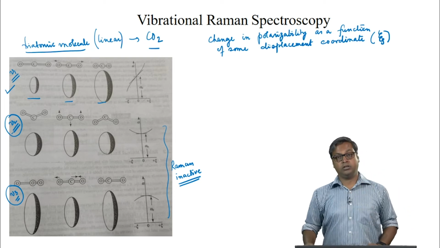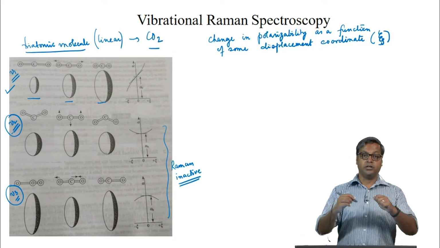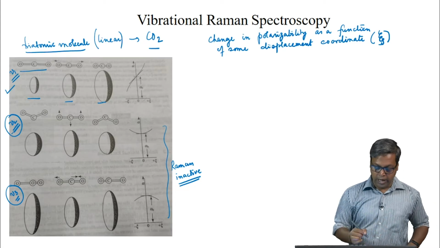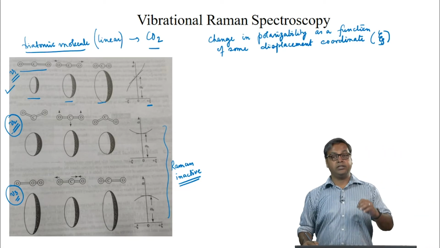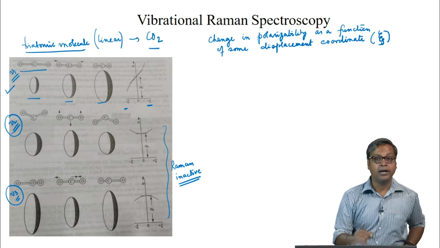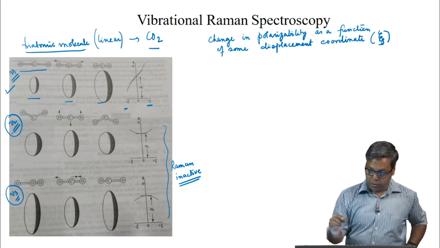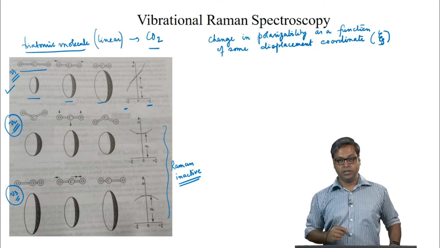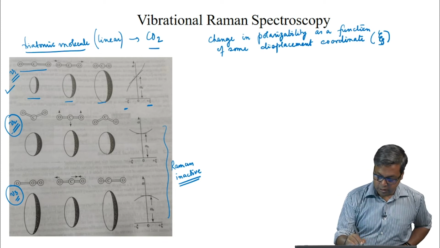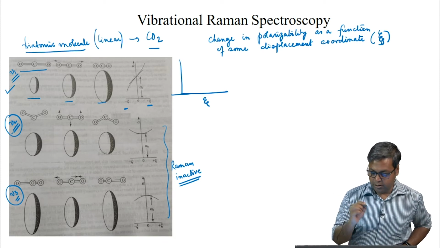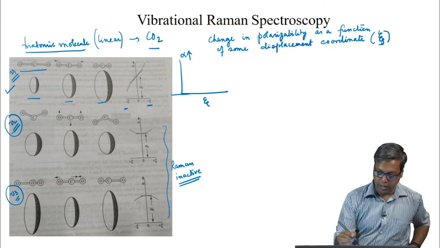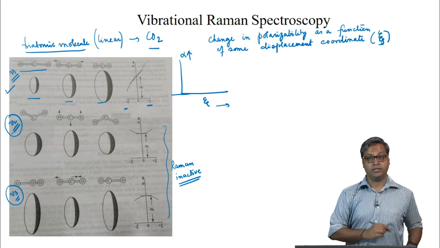So, for the stretching motion, this xi is a measure of the extension. Whenever the bond is extended, we have a positive xi, and when the bond is compressed, then we will have a negative xi. Because we are looking into the change in polarizability as a function of xi, we are plotting here xi on the x axis and polarizability, that is alpha, on the y axis.